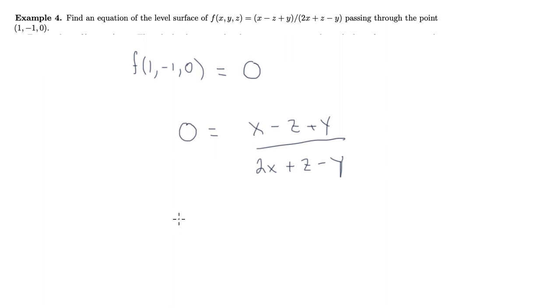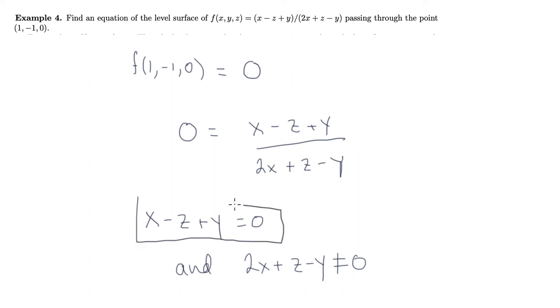So we have the surface given by x minus z plus y equals 0 and 2x plus z minus y is not 0.